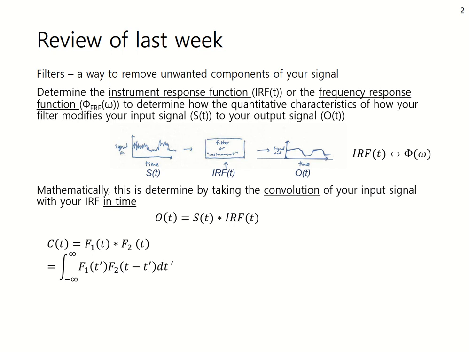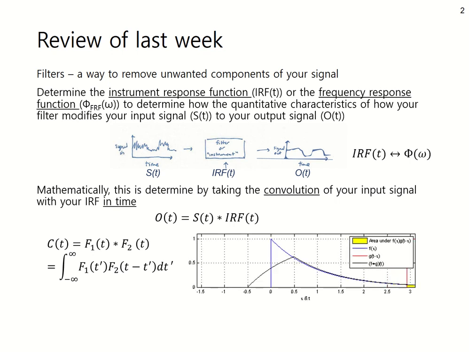So I tried to draw this on the board last week, but here's one of those animations that I did want to mention, where here we have this step with an exponential decay being convolved with a square wave pulse. So you can see that as they begin to overlap, we can look at that area under the curve. So this is also getting at Kate's question last week, where here, once it passes that peak, if one signal is higher than the other signal, that area doesn't contribute.